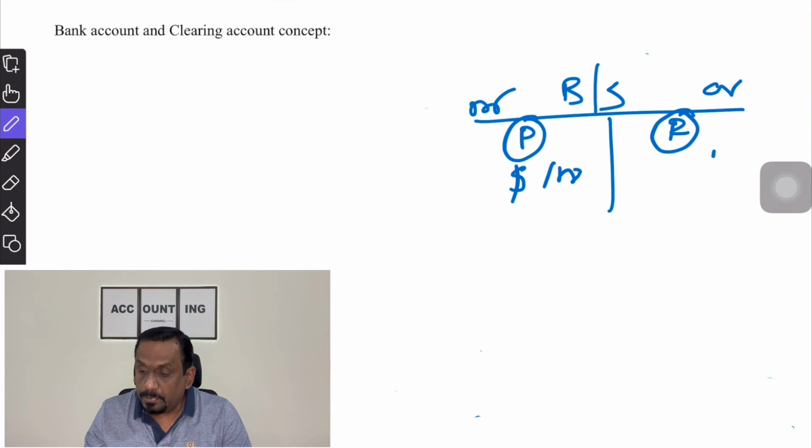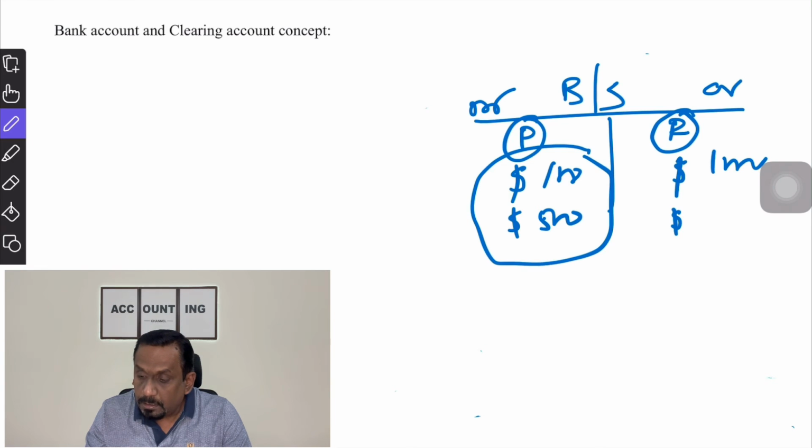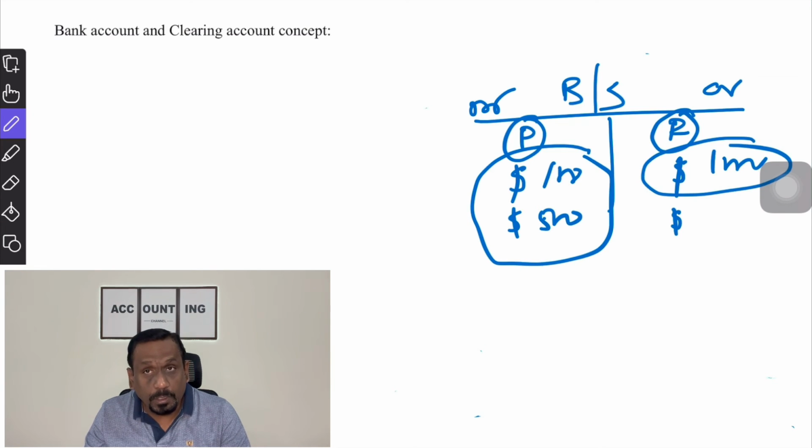There is some interest credited in our bank statement. There are some overdraft charges being debited in our bank statement. These entries appear only in the bank statement.